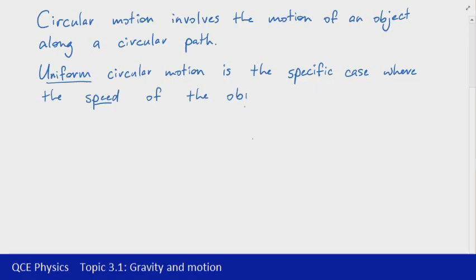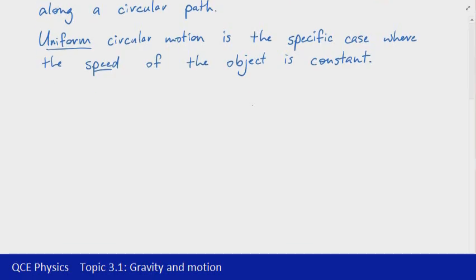We're mostly going to be dealing with horizontal circles or orbits around, say, Earth or planets around the Sun, those sorts of situations. So the speed is always going to be constant. We're not going to see a variation in the speed.